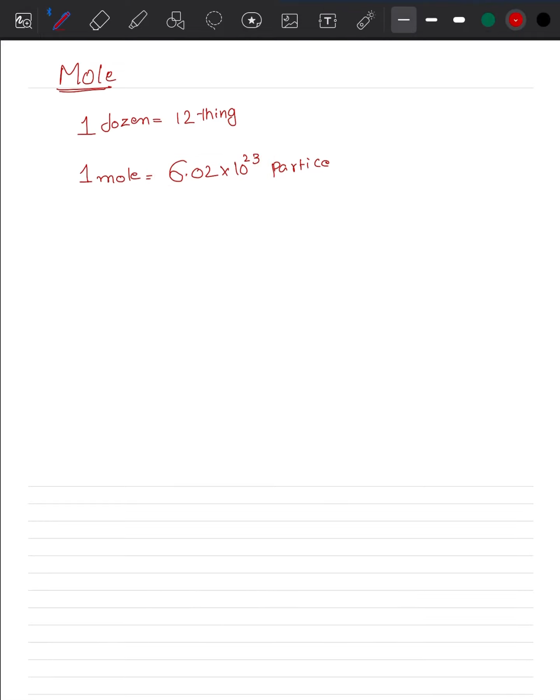Let's say we have 1 mole of sodium. It will have the same number of particles, 6.02 × 10^23. In the same way, 1 mole of magnesium will have the same number of particles. It doesn't matter what we have, we will have the same number of particles.